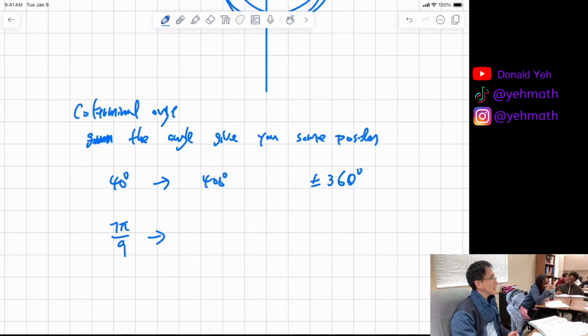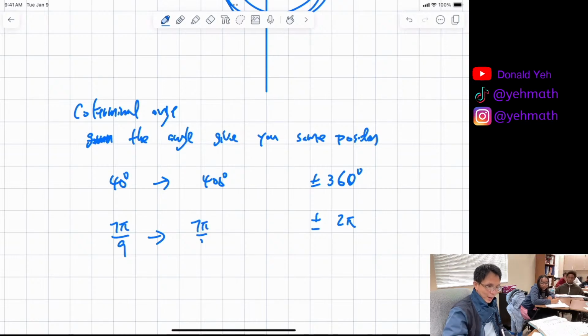Instead of adding or subtracting 360, Ian, what can I add or subtract? 6 pi over 3. Well, it's a good choice, but what is 6 pi over 3? 2 pi, right? Can I just add 2 pi to something? In this case, it's 18 pi over 9.